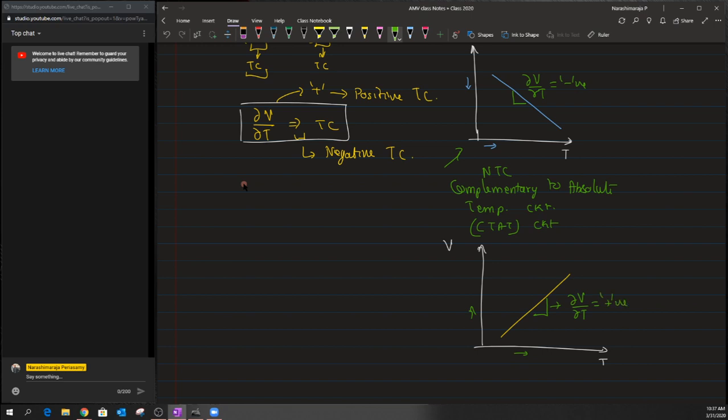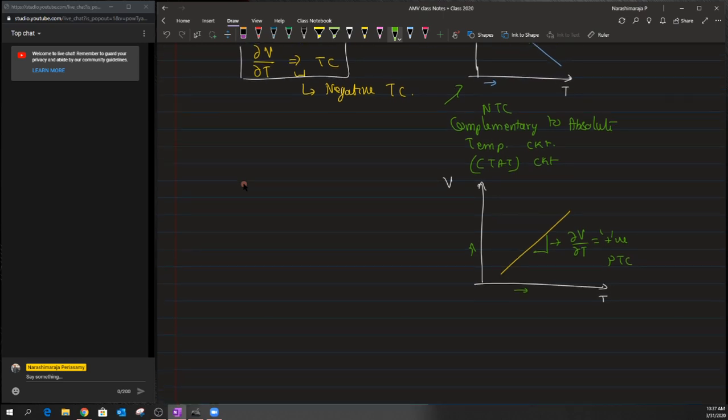Whenever we have such a situation, we say that there is a positive temperature coefficient, and the circuit that produces this kind of behavior, we call proportional to absolute temperature, or a PTAT circuit.